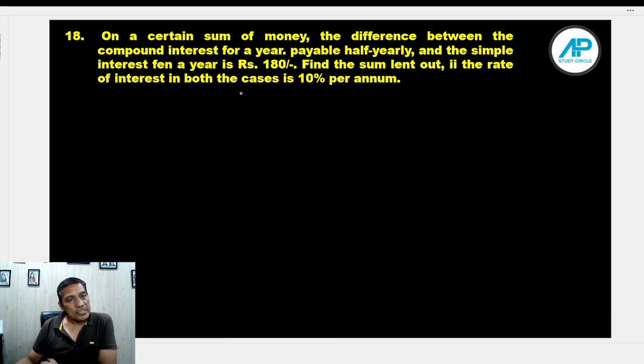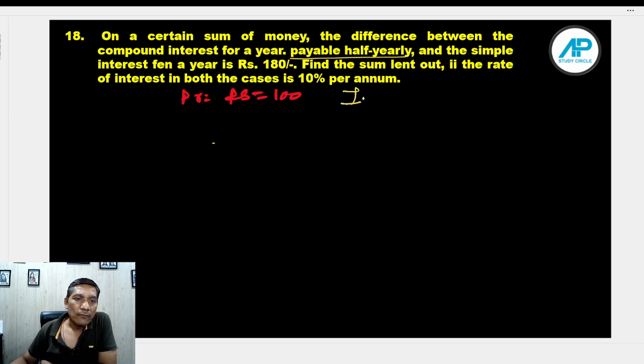So again, I would suggest you don't use X for these questions. Take the principal as rupees 100. And for rupees 100, payable half yearly, note it down, underline these points in your question. Find the interest for the first half year.